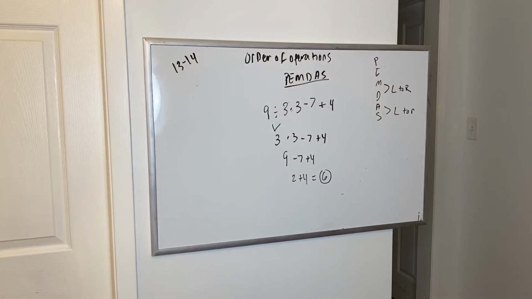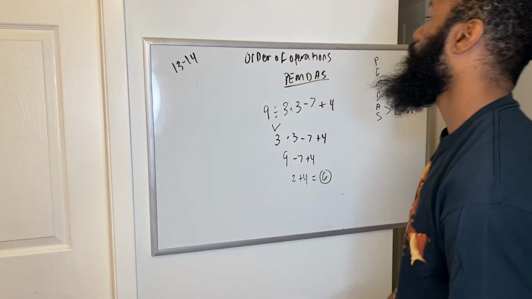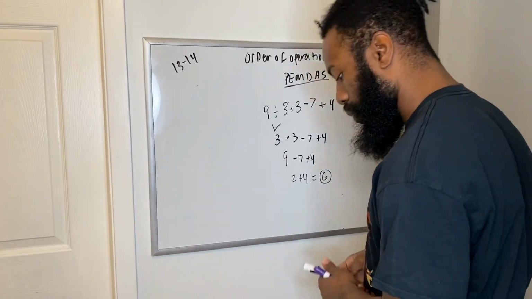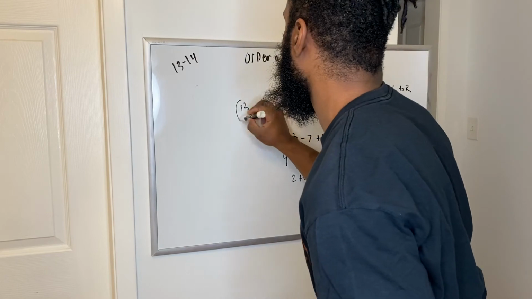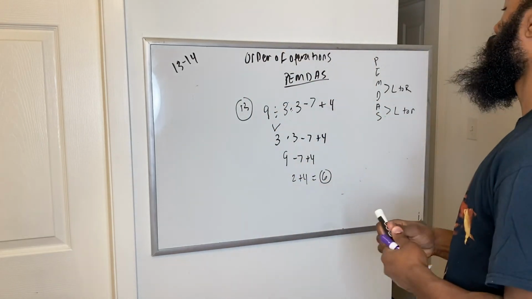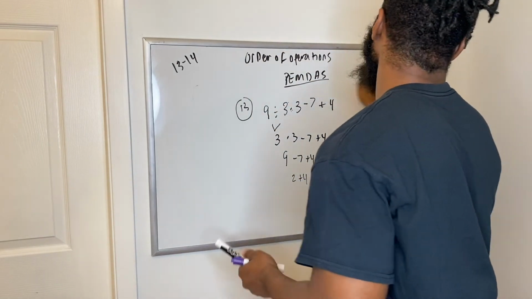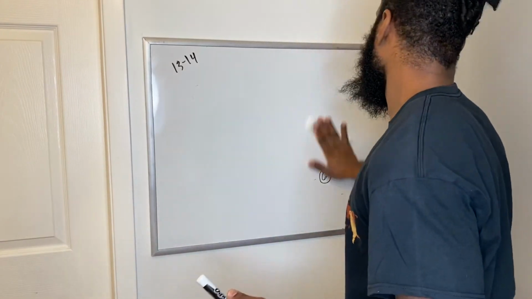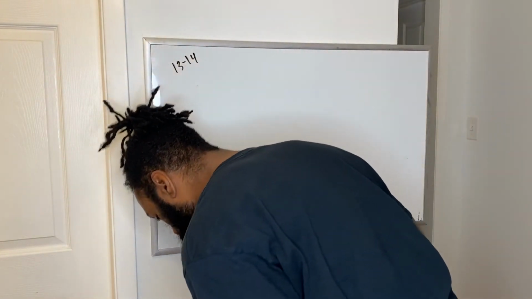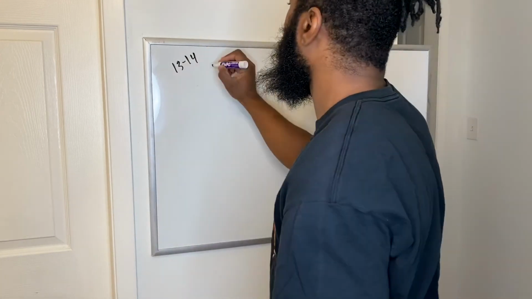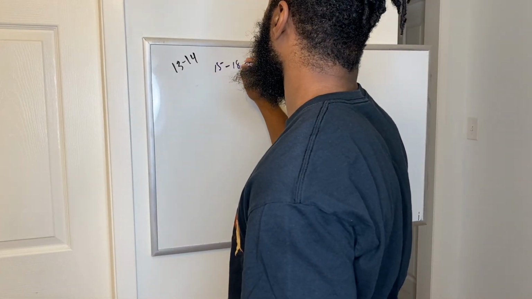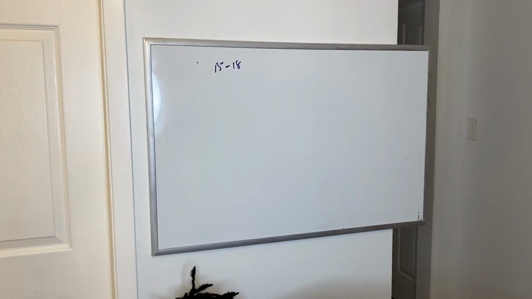All right. 15 through 18. This was 13. Now, 15 through 18. When you see these, you just put them vertically.